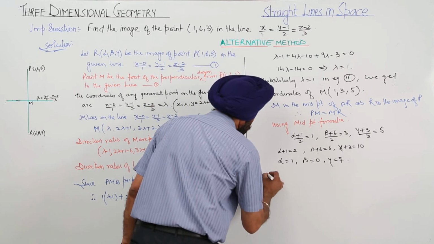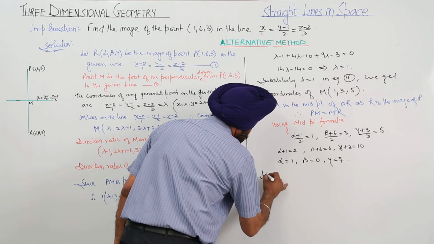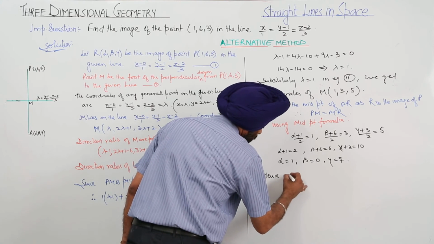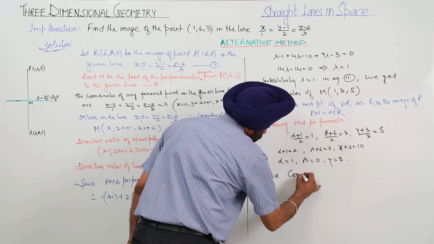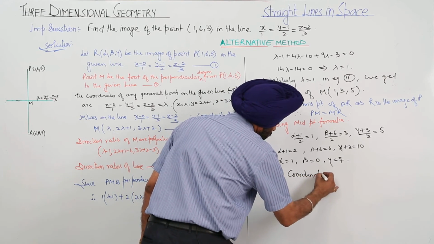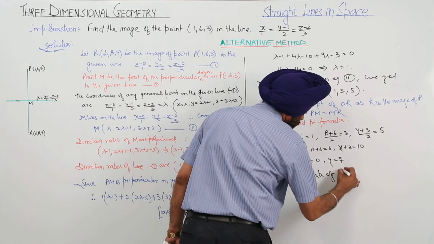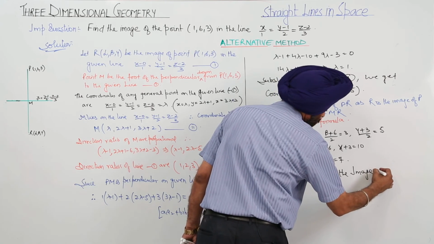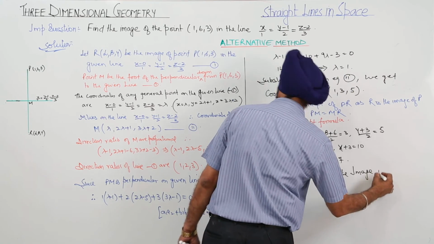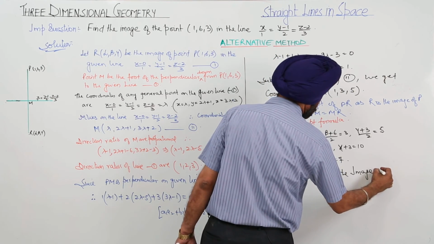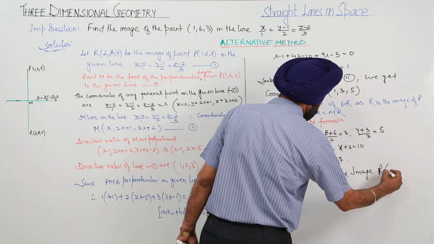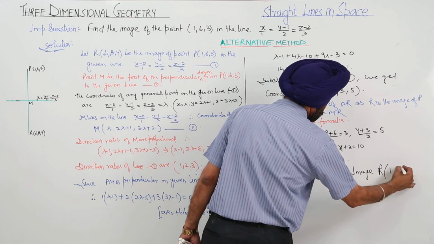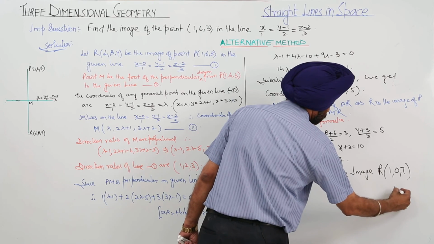Okay, hence coordinates of the image, that is R, are 1, 0 and 7. Now this is the answer.